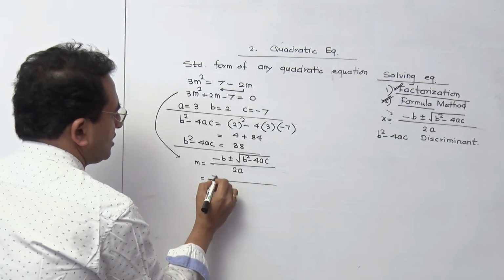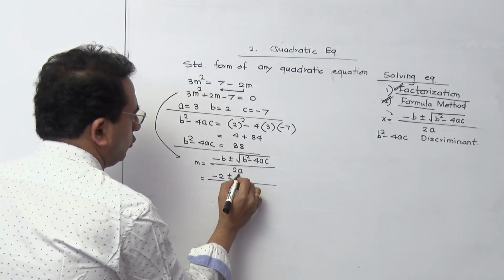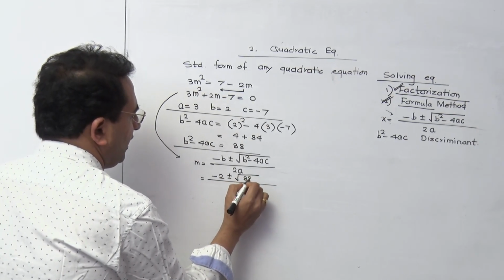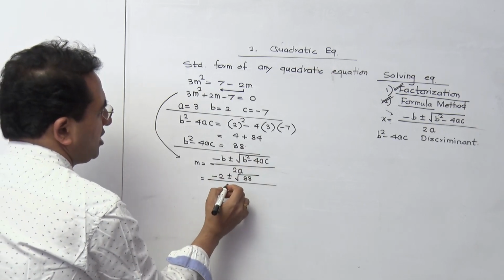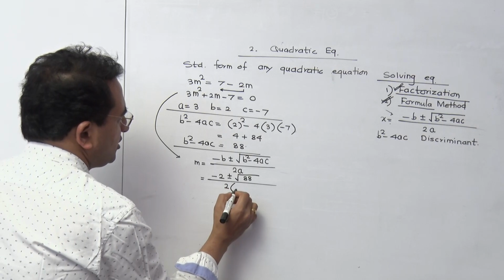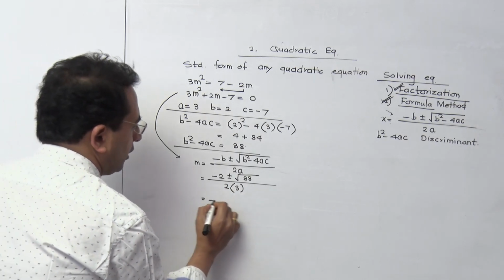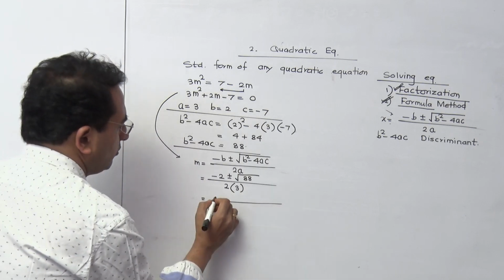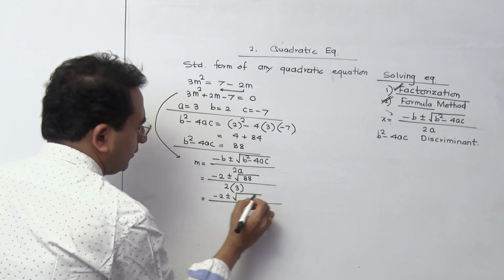It is minus b means minus 2 plus or minus root of 88, because we have got the value of b square minus 4ac, upon 2a, that means it is 2 into 3. Now as per our earlier calculation, minus 2 plus or minus square root of.